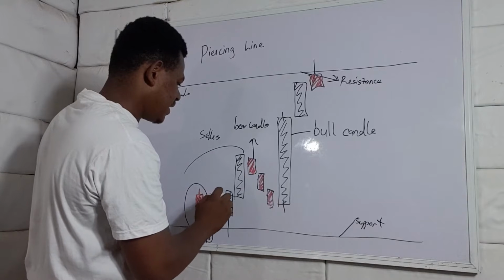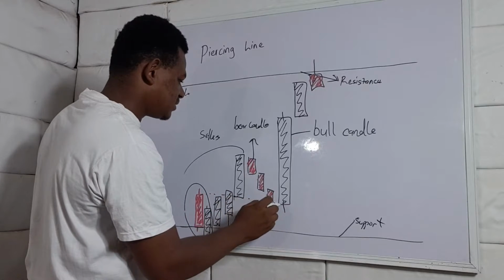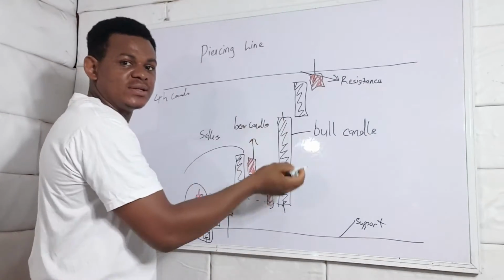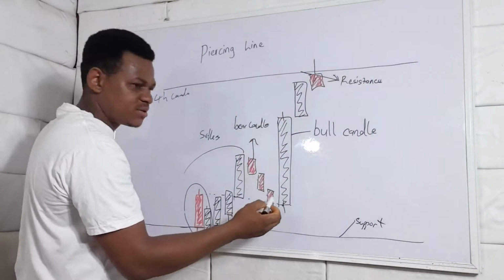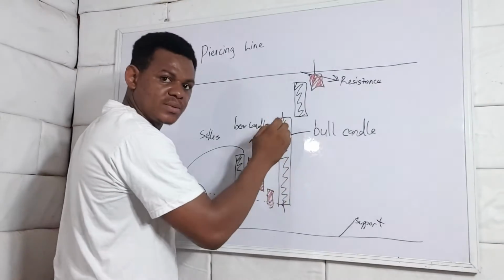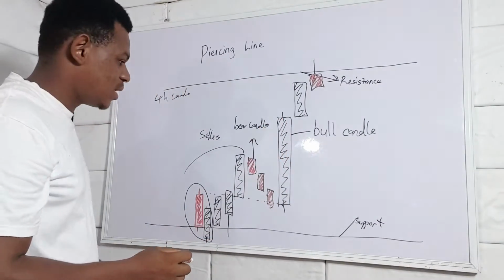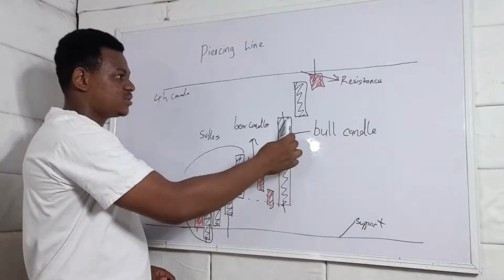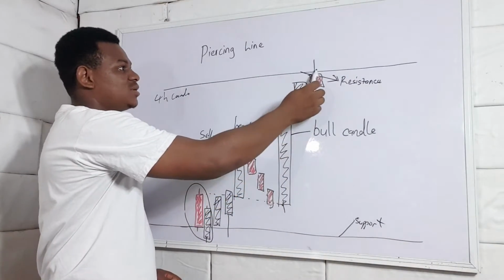If you draw a line from here to here, you understand that it bounced up from here to here.